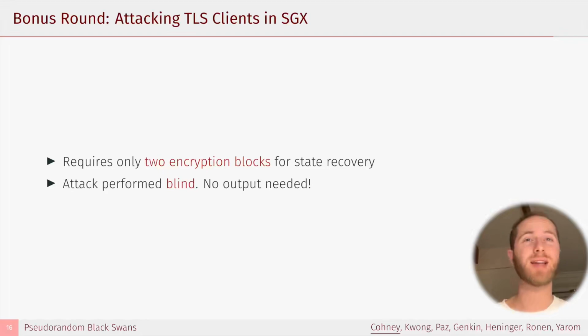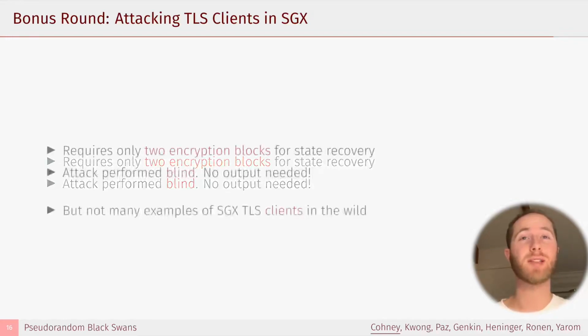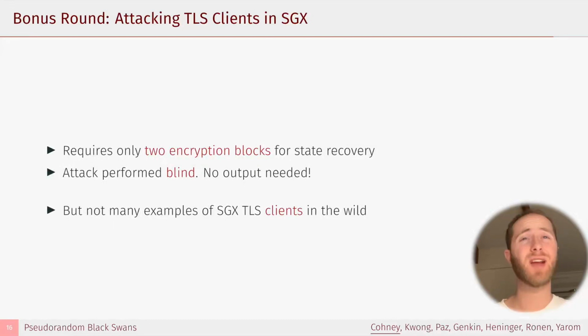Unlike our earlier attack, in this scenario, the attacker does not need to observe any RNG outputs. Rather, she can extract all the information from the cache traces. However, there aren't many SGX TLS implementations in the wild, so this attack is also of lesser practical significance.